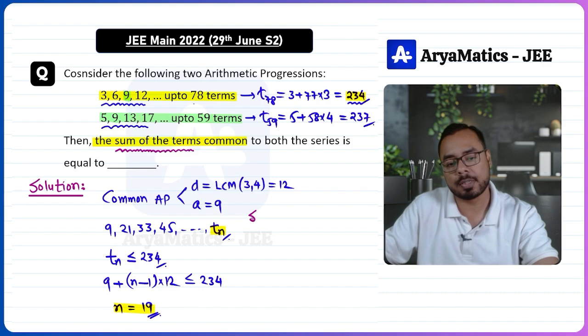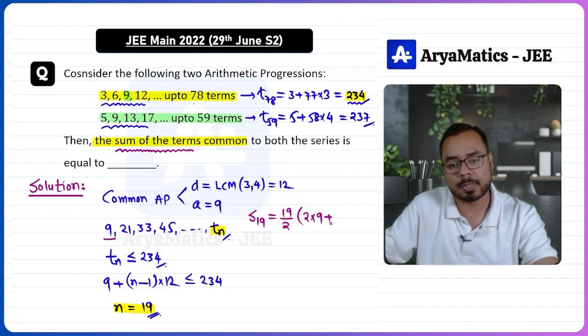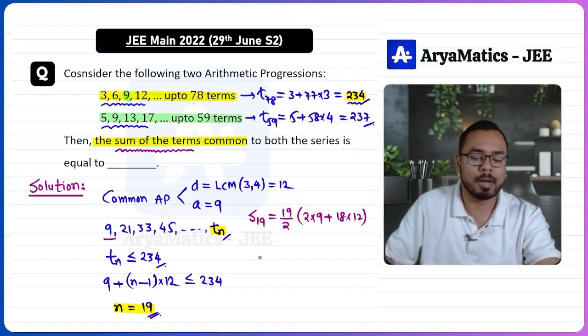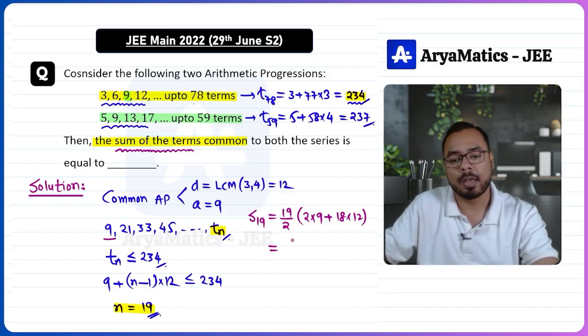Now the question is, what is the sum of those 19 terms? For that we have a standard formula, n by 2, 2a plus n minus 1 into d, where a is 9. Right? This is the standard formula for finding the sum of n terms of an AP.